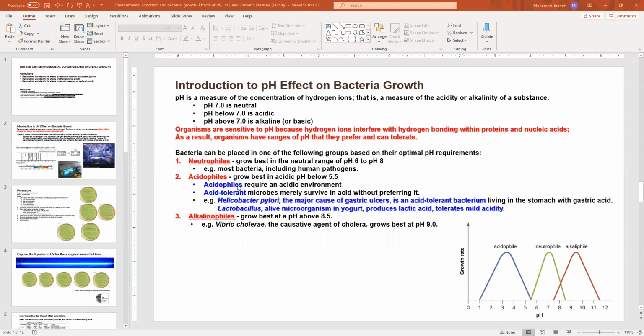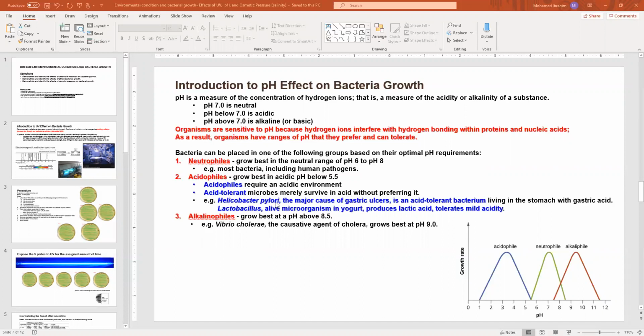And remember, there is an acidophile and there is acidotolerant. The main difference: acidophiles like low pH to grow. They need it. If you grow acidophiles, you need to make sure when you prepare the media to have a buffer that lowers the pH of the media. Otherwise, they are not going to grow optimally. Acidotolerant organisms don't like low pH, but they can tolerate it. A very classic example is Helicobacter pylori.